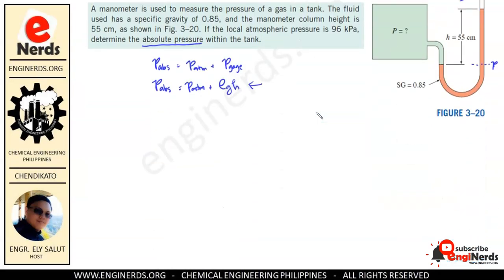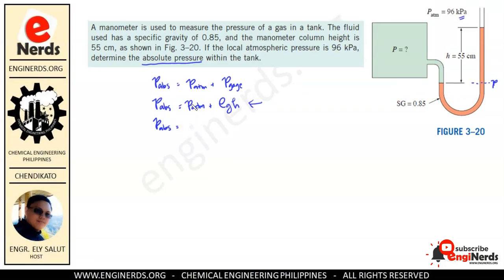So let us now solve for the absolute pressure, which is equal to what is our atmospheric pressure. We have 96 kPa plus the density of our fluid.